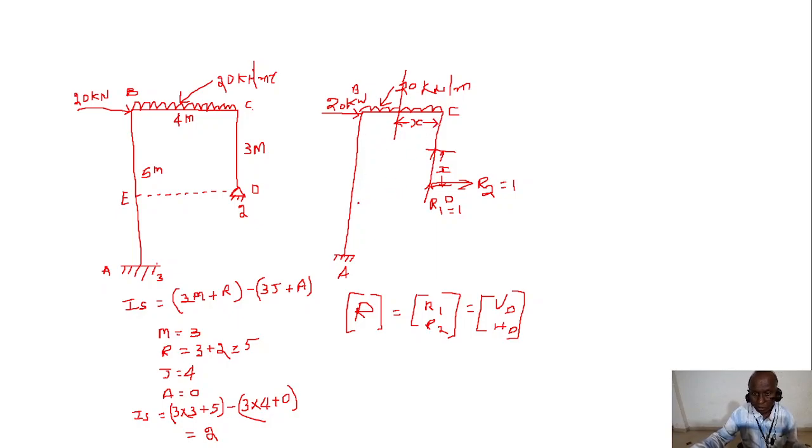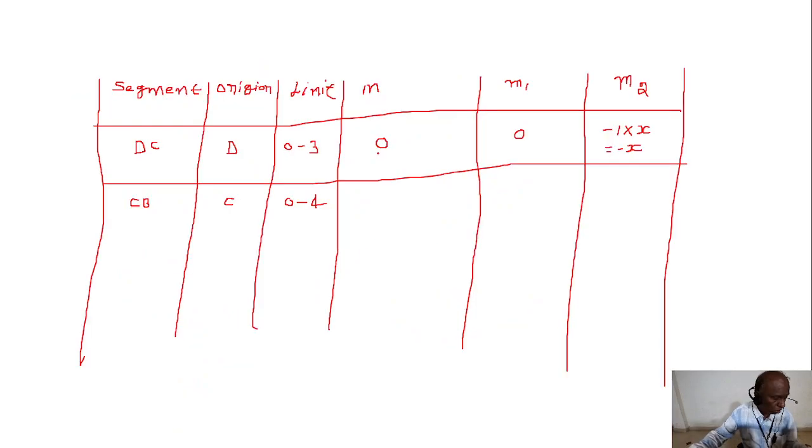First of all, due to external load. Some external load will be acting on the CB member, that is the 20 kN per meter, and the moment is 20 into X into X by 2.